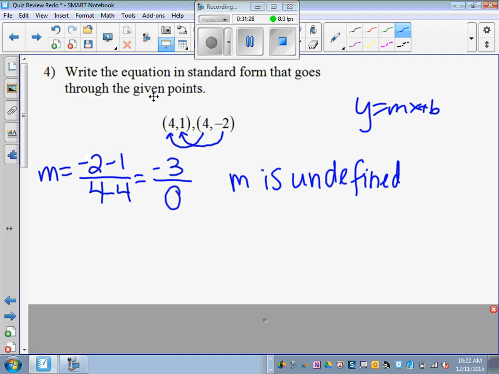Now, a couple of you got that this was undefined and stopped, thinking you were done. It's not possible. We can still write our equation. What type of graphs have an undefined slope?